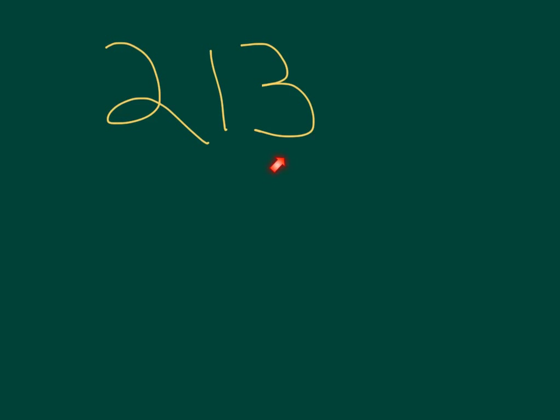This is the ones, this is the tens, and this is the hundreds. So the value of a digit is determined by its place value. If you were to look at the 2, you would say it has a value of 200. The place value of the 2 is the hundreds.